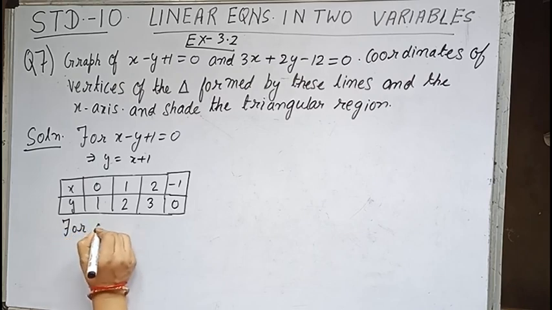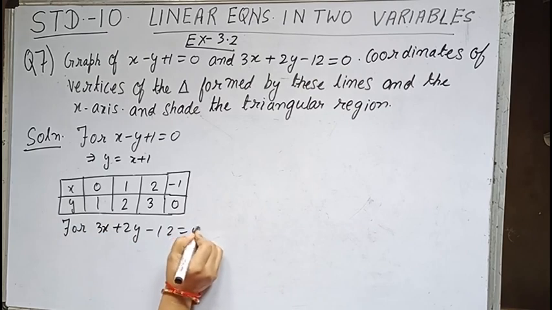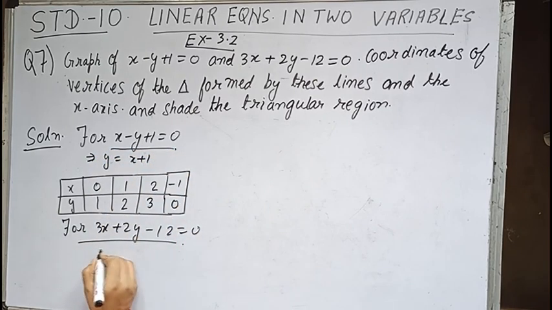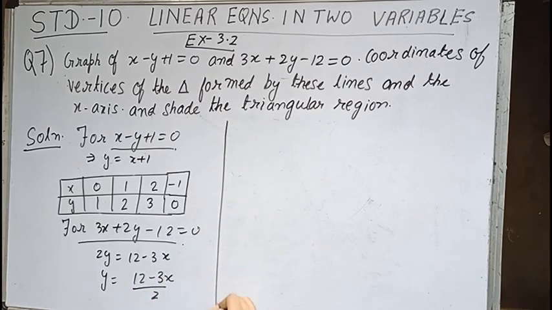Now for 3x plus 2y minus 12 equals 0, we can write 2y equals 12 minus 3x. Therefore, y equals (12 minus 3x) by 2. Now let us make the box for this.